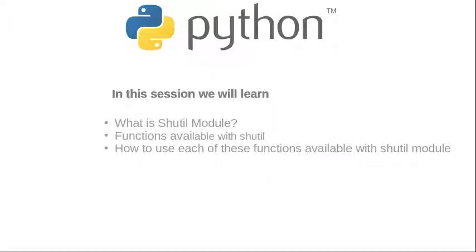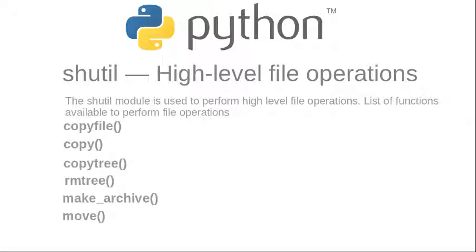In this session, we will learn what the shutil module is, the functions available with shutil, and how to use each of these functions. So let's see what shutil is.